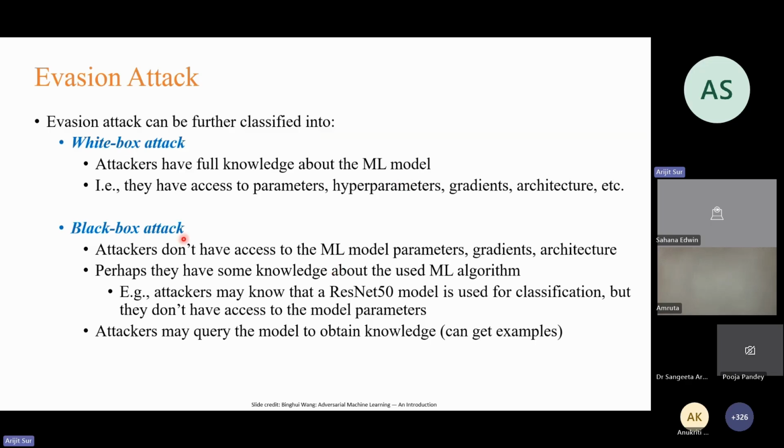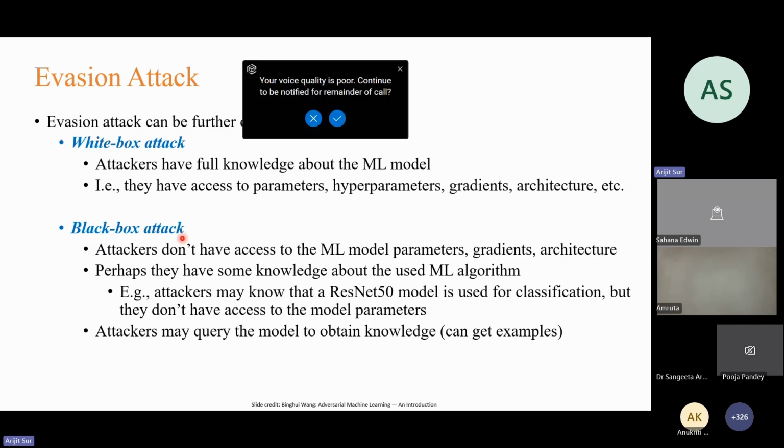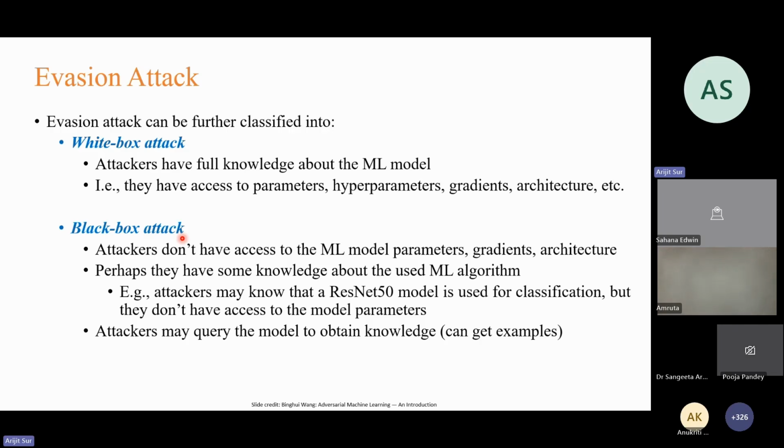On the other hand, there is the black box attack. These attackers don't have access to the model parameters, gradients, architecture, and so on. Perhaps they have some knowledge about the ML used. They may know that it is maybe a ResNet, but they don't know the architecture, the parameters, or the hyperparameters.